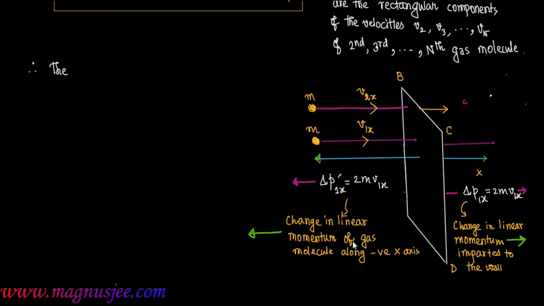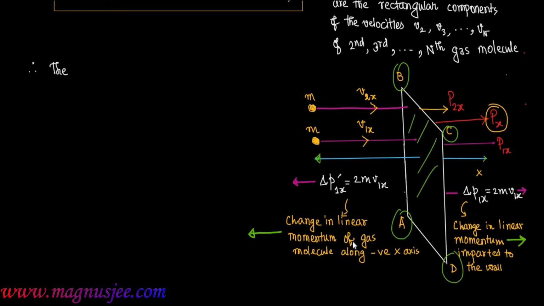And the pressure exerted by these gas molecules on this wall ABCD can be denoted by P1x and P2x, and we get the total pressure Px along x-axis. P1x and P2x are the pressures exerted by the first and second gas molecule on this wall ABCD along x-axis, and we get the resultant pressure Px applied on this vertical wall ABCD by n number of gas molecules.